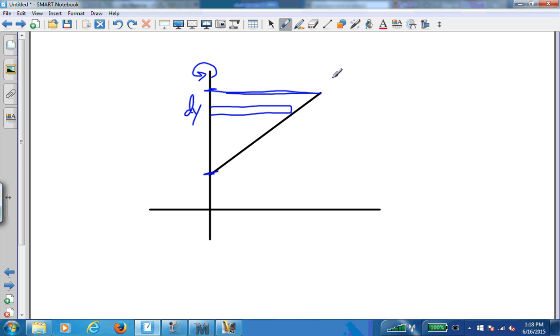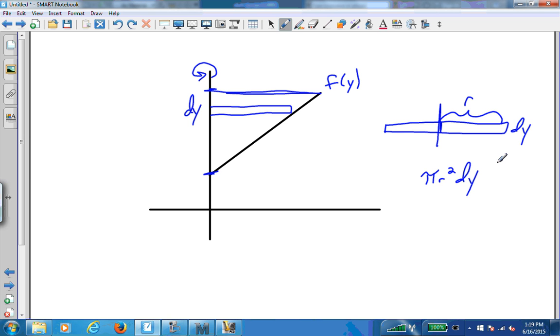Let's suppose our input is y, so let's call this f of y. If we rotate that around, we're going to have lots of little disks. Imagine our disk, with this as the y-axis, then our radius will be that distance. A cross section of that is a circle, so that will be pi r squared. The thickness of that is dy.